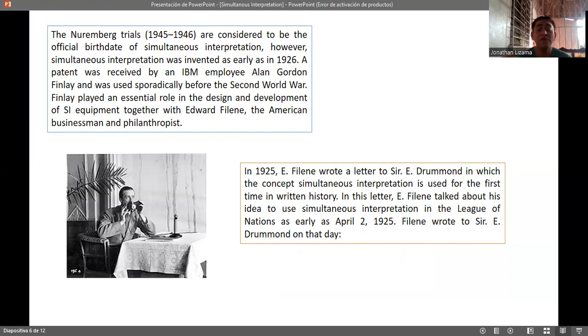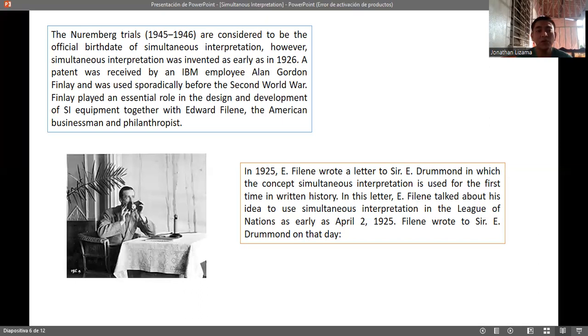Are considered to be the official birth dates of simultaneous interpretation. However, simultaneous interpretation was invented as early as in 1926. A patent was received by an IBM employee, Finlay, and was used sporadically before the Second World War.